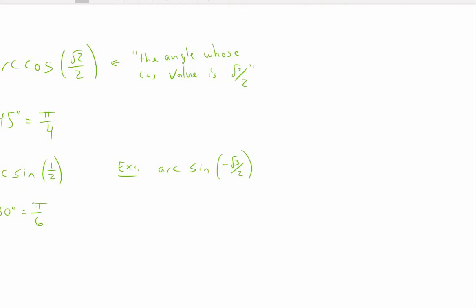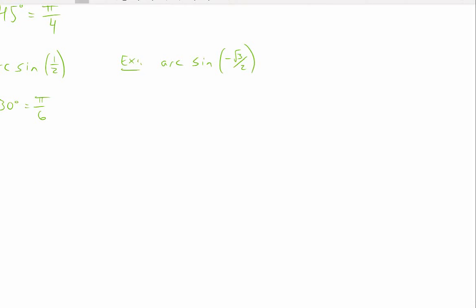Okay, so I said arc sine of the negative square root of 3 over 2. We said arc sine, all we have to do for a negative ratio is move the angle into the 4th quadrant by negating it. So what is the angle whose function value is square root of 3 over 2? Well, we know that that is 60 degrees, or pi over 3 radians.